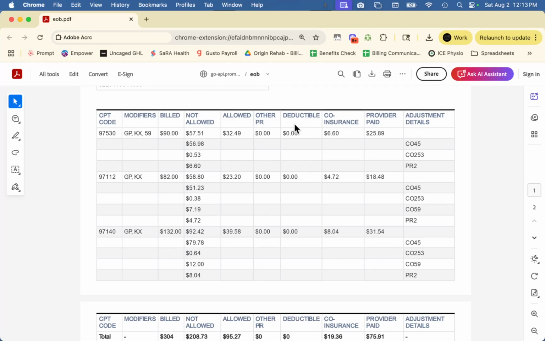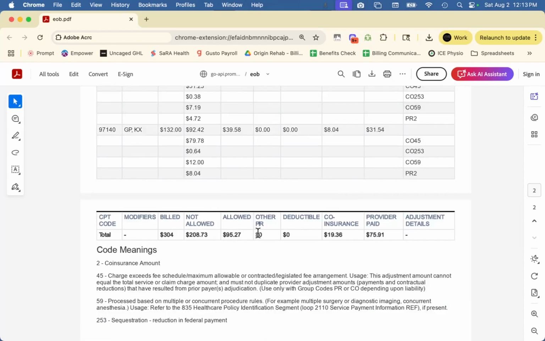The insurance company's responsibility is further reduced by patient responsibilities, deductibles, co-payments, and co-insurances. And ultimately, you can see what the provider was paid by the insurance company. And any patient's responsibility is listed down here under patient's responsibility, deductible, or co-insurance, co-payment.